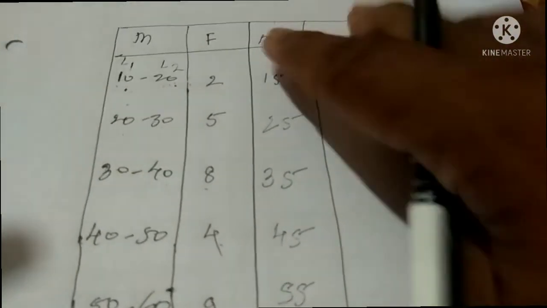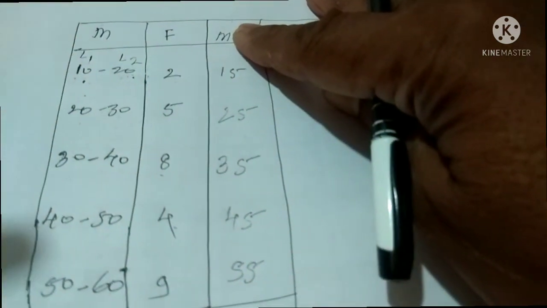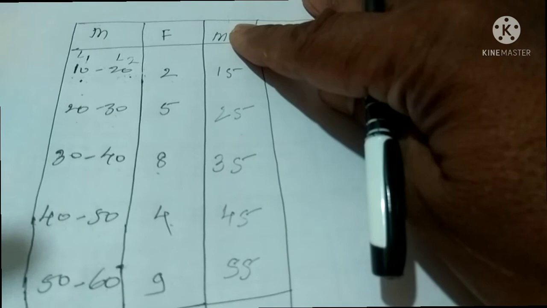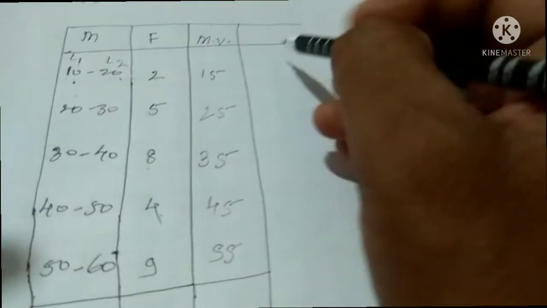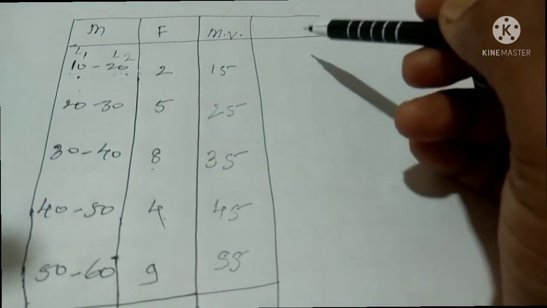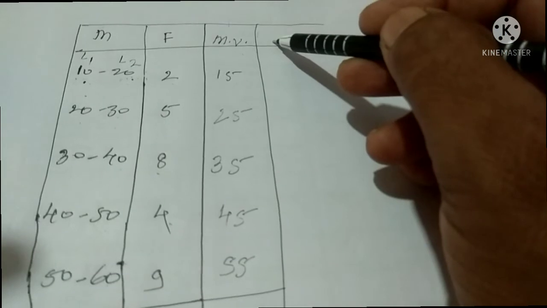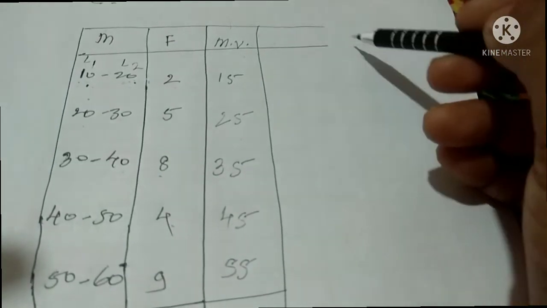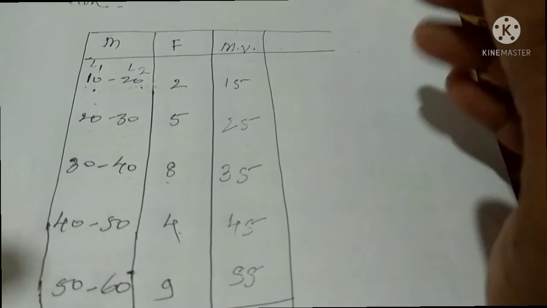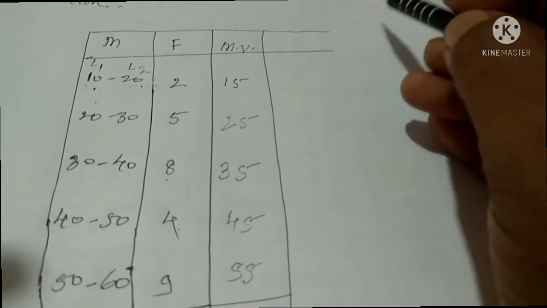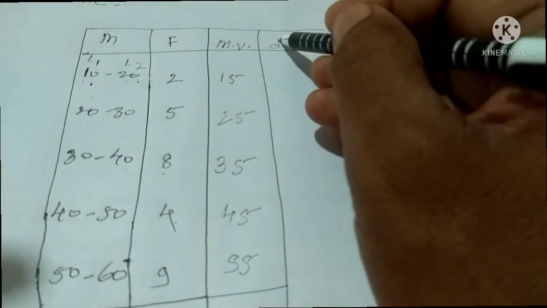If I hide this, then we can see here there is an M series and there are single figures. So by using the indirect method, we make here the DX series, DXI series, and also FDXI series, just like the discrete series method. Okay, now write here DX series.